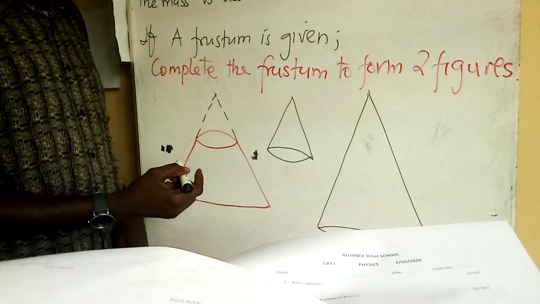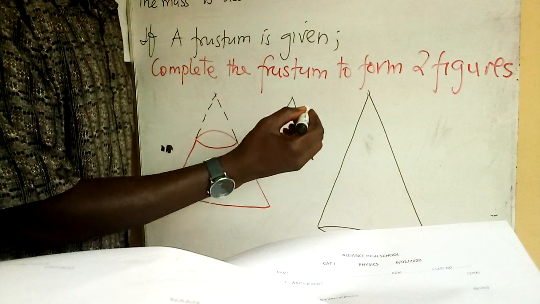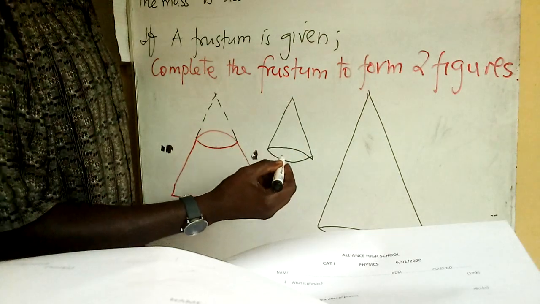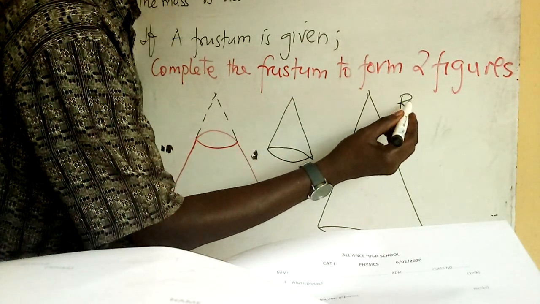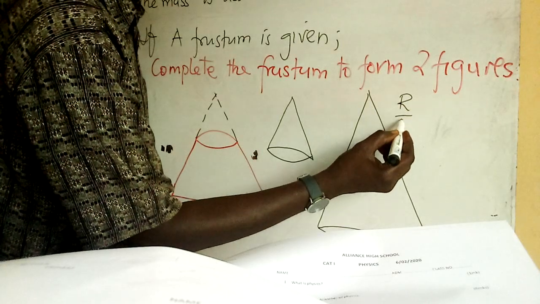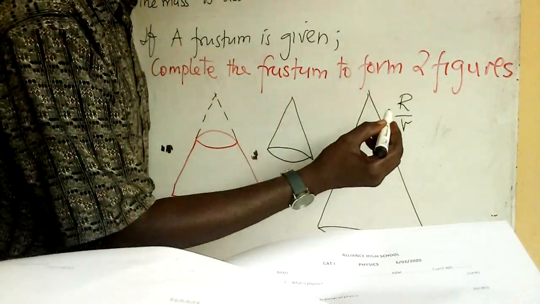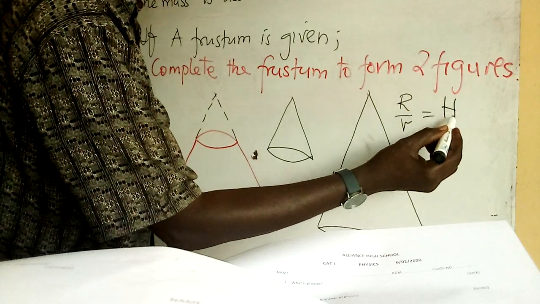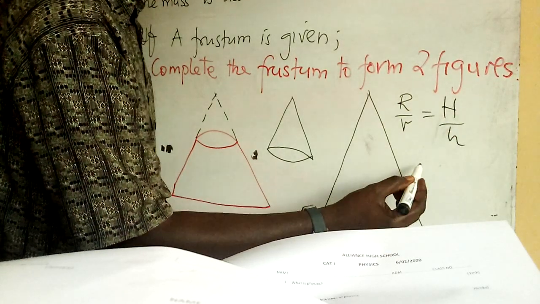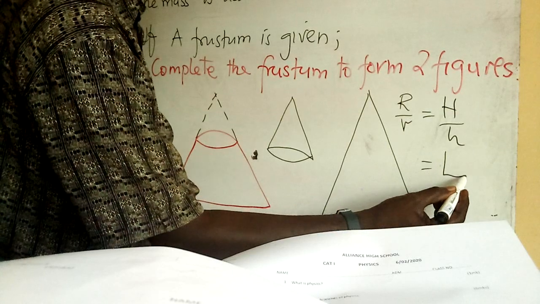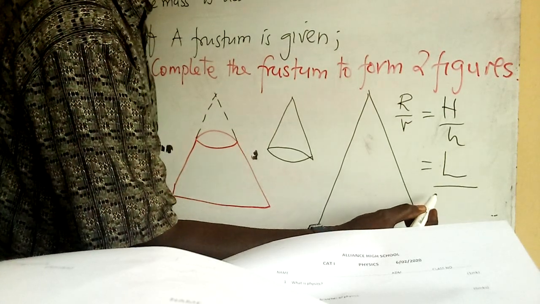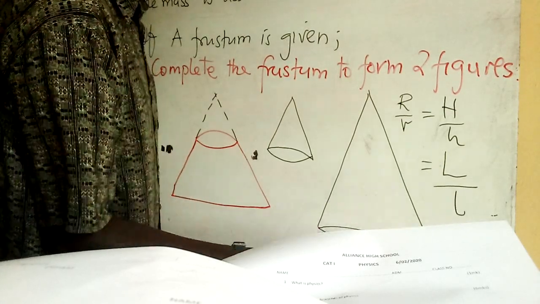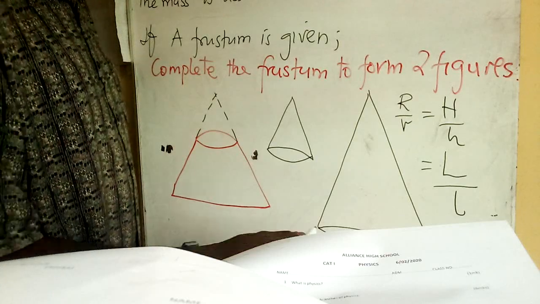And we have to compare corresponding parts. So I can be given big radius over small radius, which can be equal to capital height over small height, which can be equal to big slanting height over small slanting height.